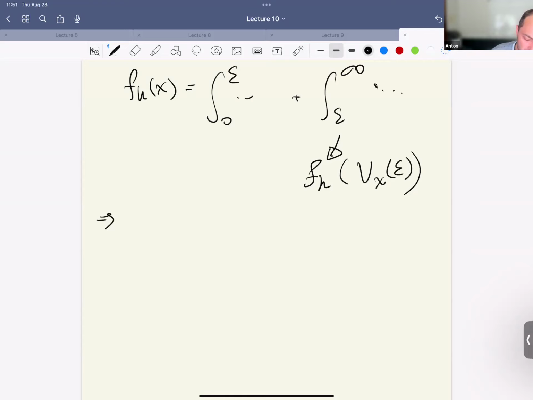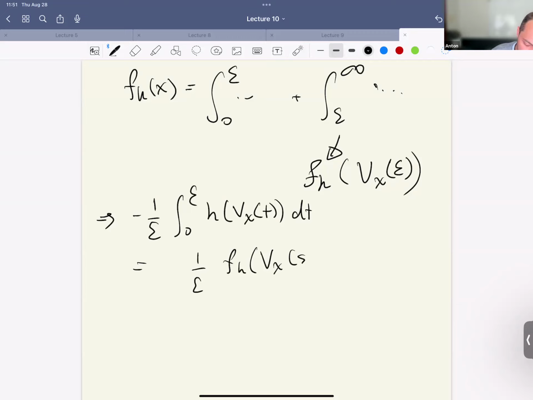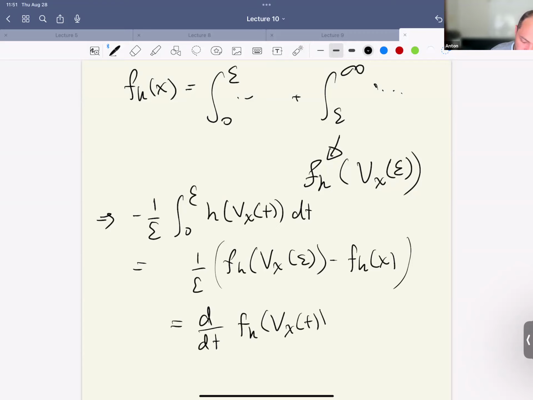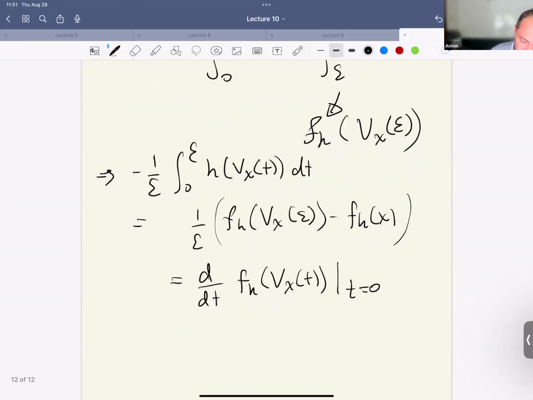Okay, so therefore 1 over epsilon, there's a negative part, 0 to epsilon h of vx of t dt equals 1 over epsilon f sub h vx of epsilon minus f sub h of x. And this is d by dt of f of v of epsilon. So everything is a lot easier in fluid models, right? Because there is no randomness.